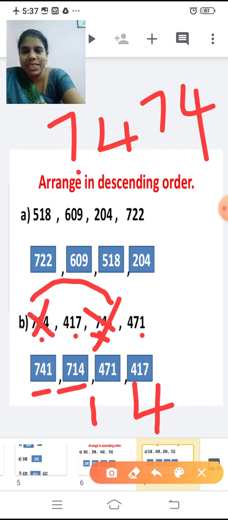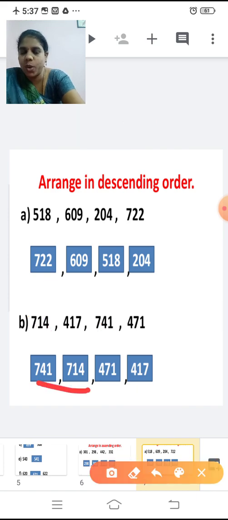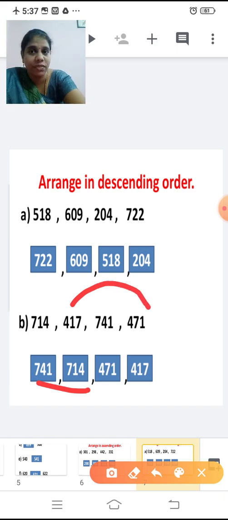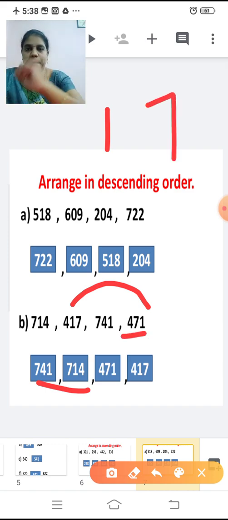Now compare between the second number and the fourth number. Both have 4 in the hundreds place, right? Now compare the digit at the tens place. In second number we have 1 in the tens place and the last number we have 7 in the tens place. Now which is bigger? 7, right?